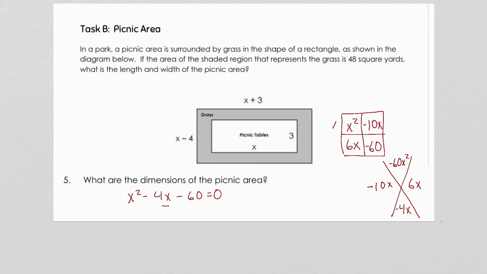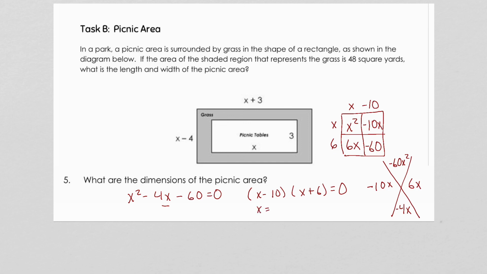There's always multiple ways to look at things. So x times negative 10 would give me negative 10x. X times 6 would give me 6x, and that works. 6 times negative 10 is negative 60. So here's my factored form, x minus 10 times x plus 6 equals 0.